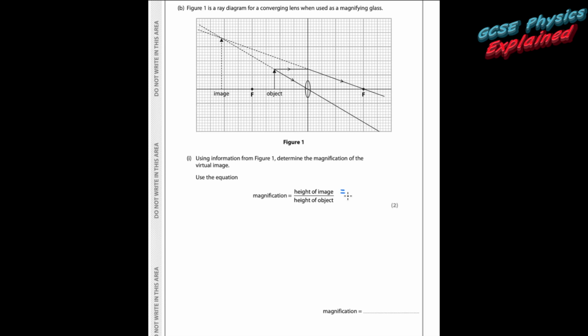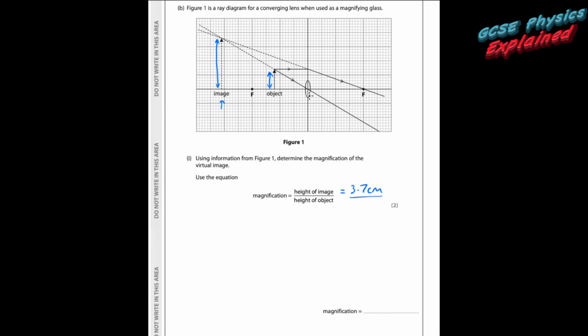Now your paper might be different to what it shows on my computer screen, depending on my magnification or how much I've zoomed in. So this is the image here, and the height is this, which is 3.7 centimeters on my computer screen, and I'll need to divide that by the height of the object, which is this.